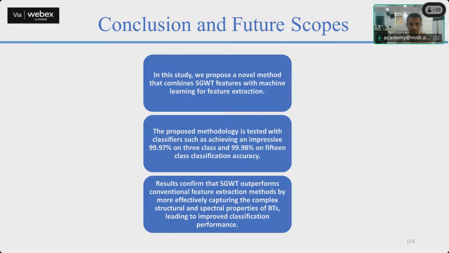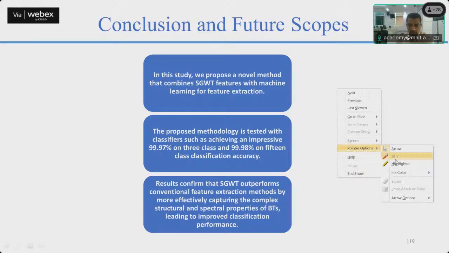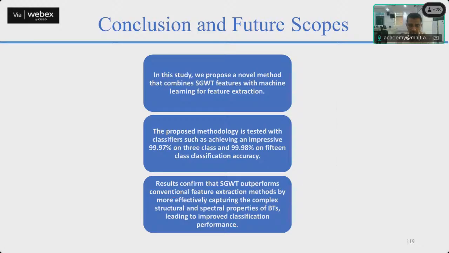So that's how we conclude here that SGWT outperforms conventional feature extraction methods by effectively capturing the structure and spectral properties of brain tumor, leading to improved classification performance.